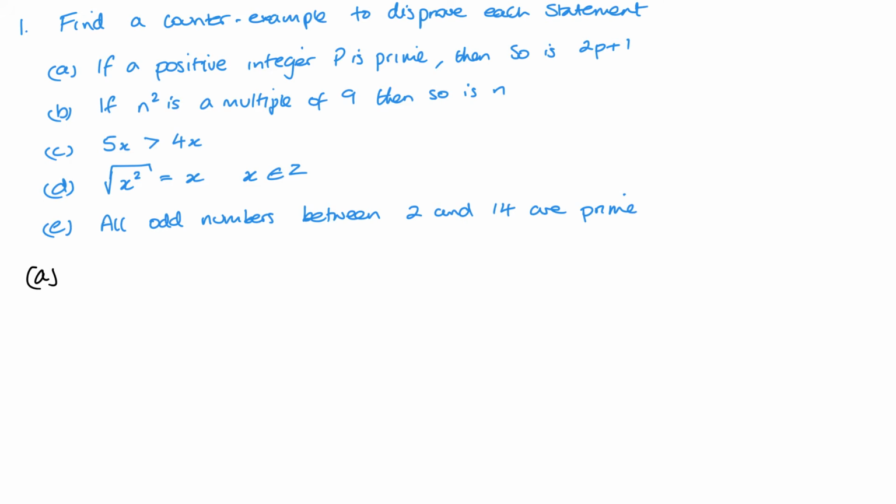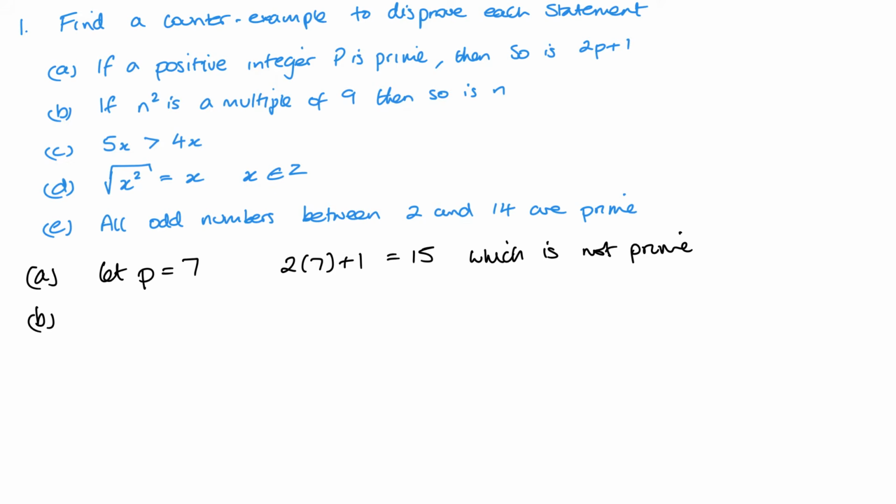So just looking at it, let p equal 7, that's a prime number. 2 lots of 7 plus 1 is going to give me 15, which is not prime. And then of course I would just finish with, therefore the statement is not true. But I'm not going to write that bit after each one here, but that's what you should be doing, especially for any kind of exams, etc.